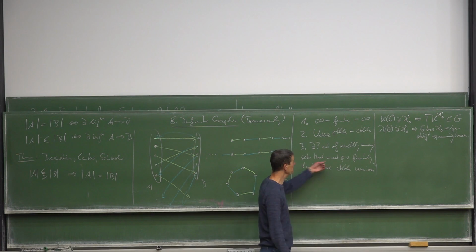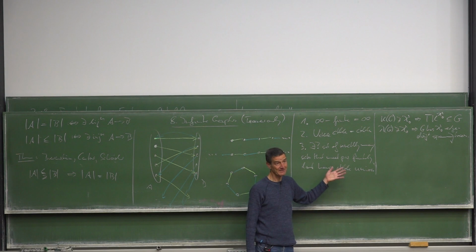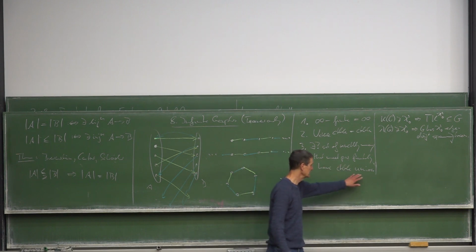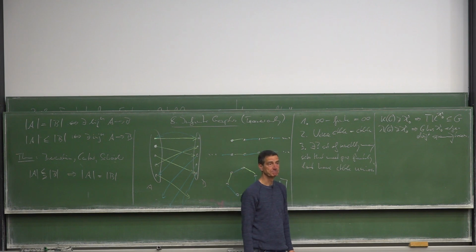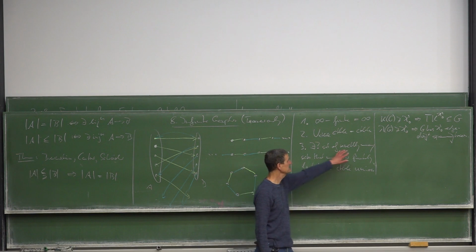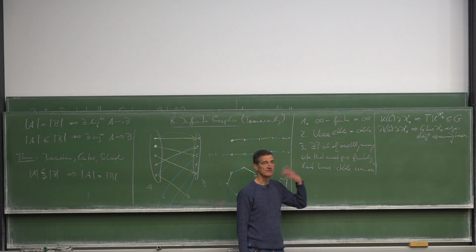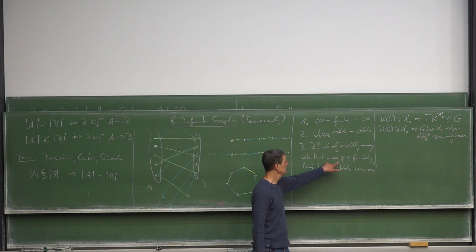Most of these subsets will have to be infinite, because there are only countably many finite subsets of a countable set. But we want uncountably many subsets. So most of them are going to be infinite, but we want them to pairwise meet only finitely.